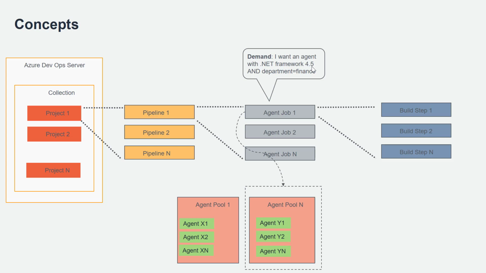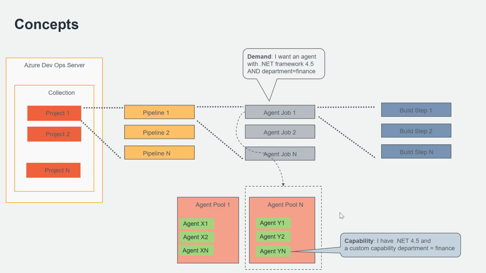And also imagine that there's a custom demand that whichever agent this build job gets executed on has to have the custom capability of department equals finance. What the build system will do is check the associated agent pool and check whether there is an agent with that capability.